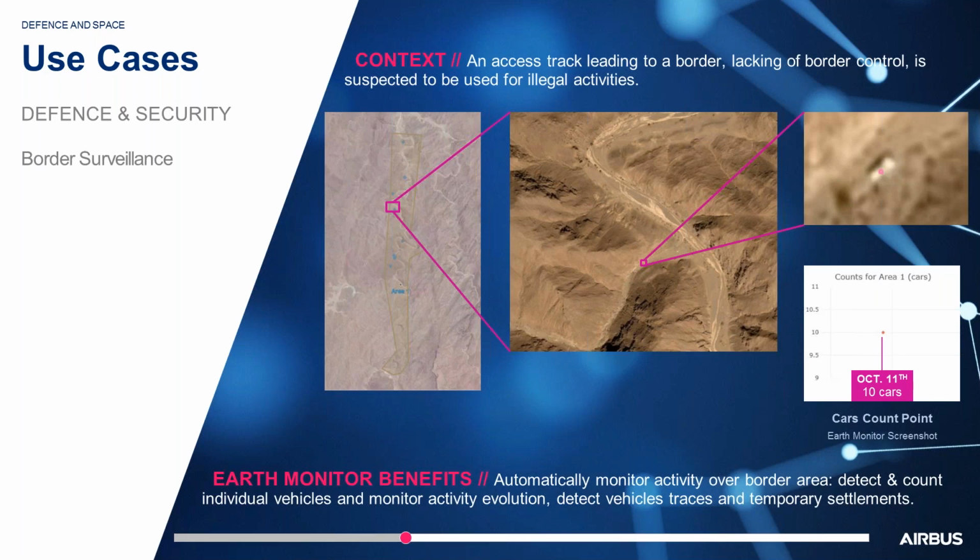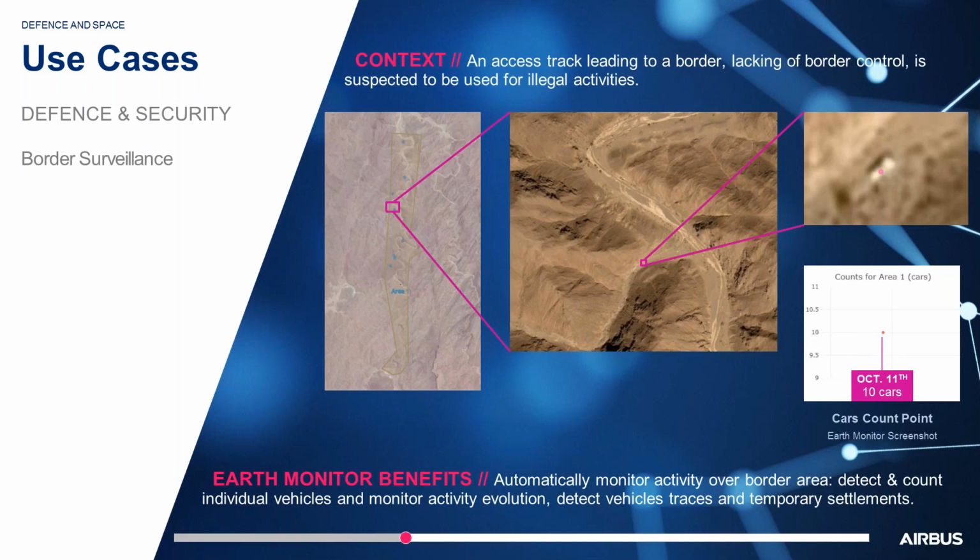So for example, in this border area, on October 11th, we have 10 cars, and the system is able to provide a chart. So Earth Monitor here is very interesting to automatically monitor activity over a border area, to detect and count individual vehicles and monitor activity evolution, or again to detect vehicle traces and temporary settlements.